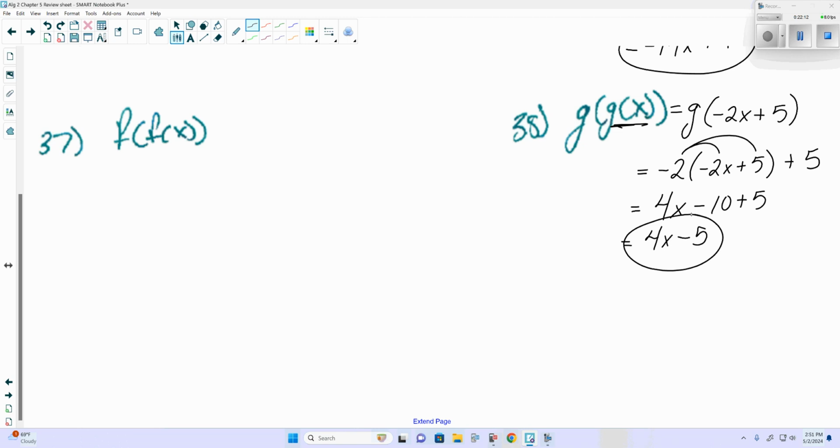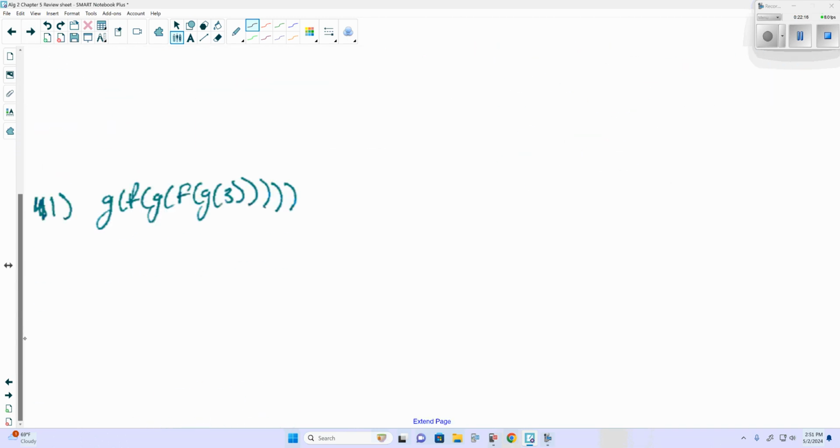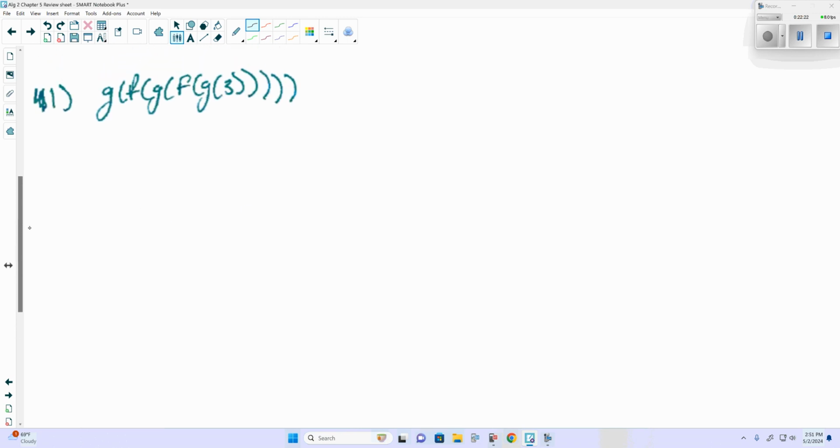Yes? If you need, and you probably will, a little more space for 41, you can write it over where 33 and 34 are. Because I don't think you'll have enough room unless you go out to the side to fit that in.